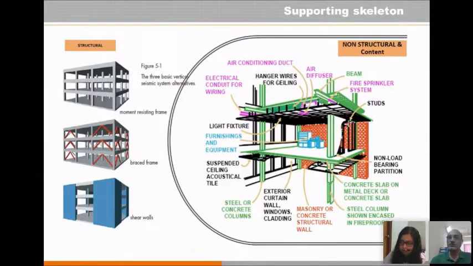So we need not see the building in isolation. At the same time, we have to see the non-structural elements and the contents of the building also when a seismic resilient building is to be designed.